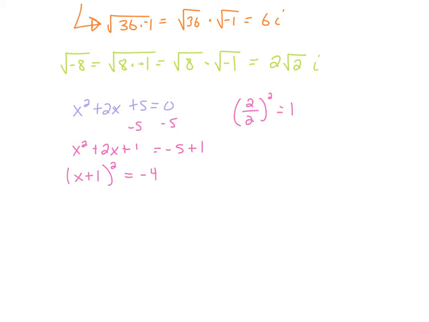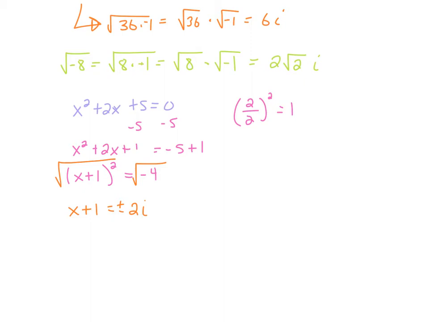Now we want to take the square root of both sides. That leaves me with x plus 1 on the left. And now we have the square root of -4, so no real solutions anymore, but the square root of 4 is 2, and because I have the negative, I get my i. And don't forget your plus or minus in front, because we have 2 answers in there.